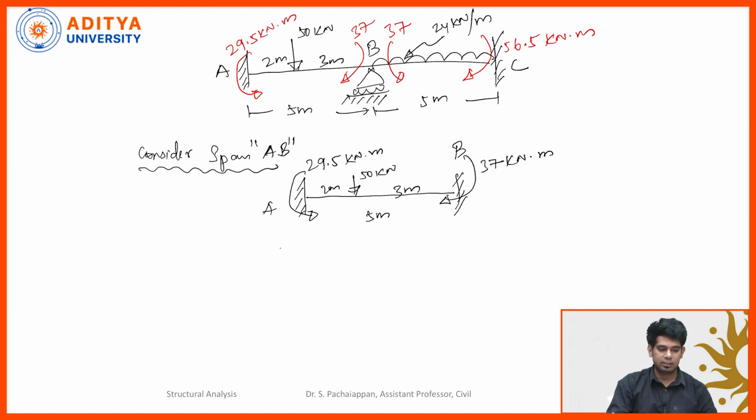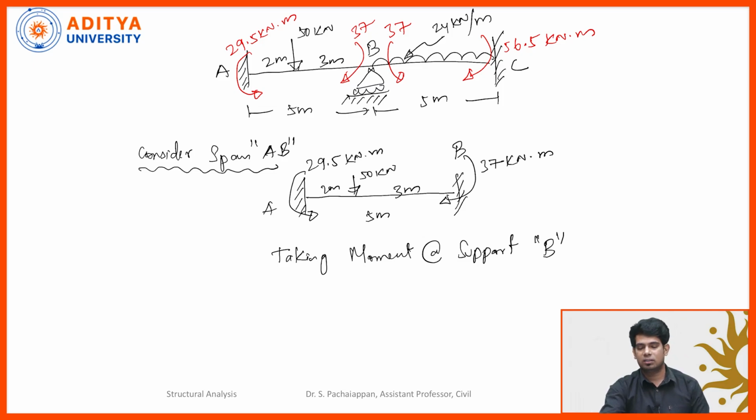Now I am going to take the moment at support B. Before that, we can fix the notations. For example, if it is a clockwise moment, I am going to consider it positive.